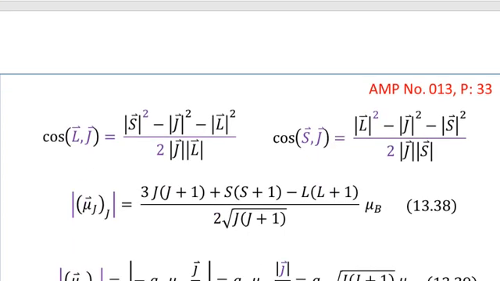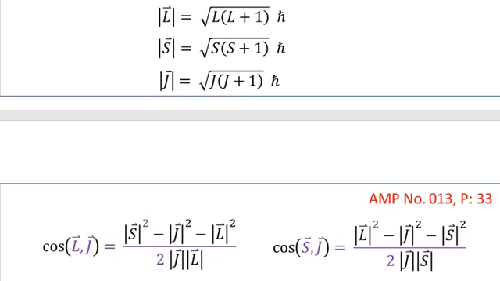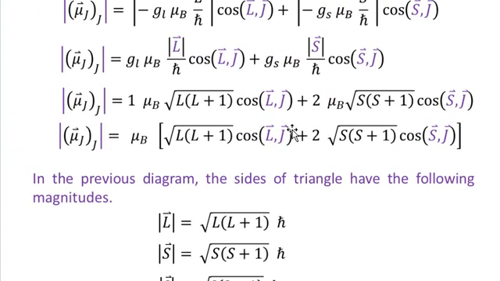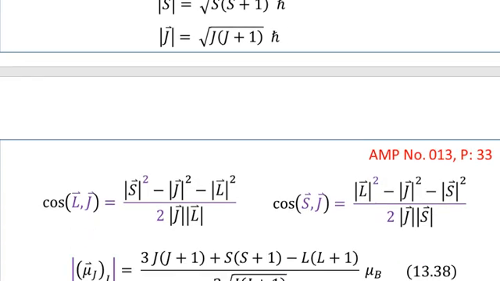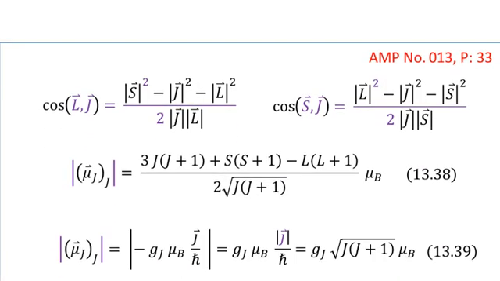Now you see that I need to calculate these quantities. That is, I have to substitute the value of cos of L comma J and cos of S comma J. I am going to use the direction cosines in the respective triangles. I have discussed the direction cosines in two places in one of the previous lectures, so I am not going to discuss them again.